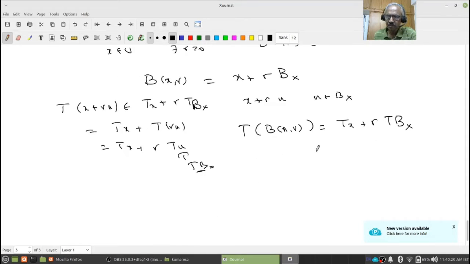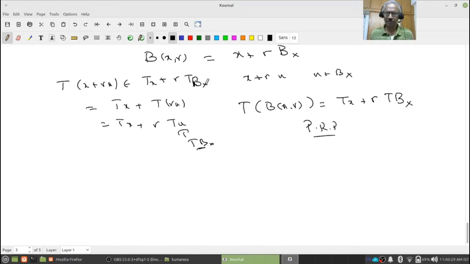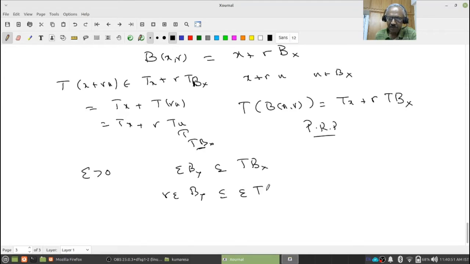Yeah, so just pause, review, proceed, because these are the small things which one never writes, but we have to work carefully, because B(x,r) is a set. When T operates on that, what happens? It's another set. That set is this. Now what is our assumption? There exists an epsilon positive, so that epsilon times B_Y is contained in T(B_X). Therefore r times epsilon times B_Y is contained in r times T(B_X).